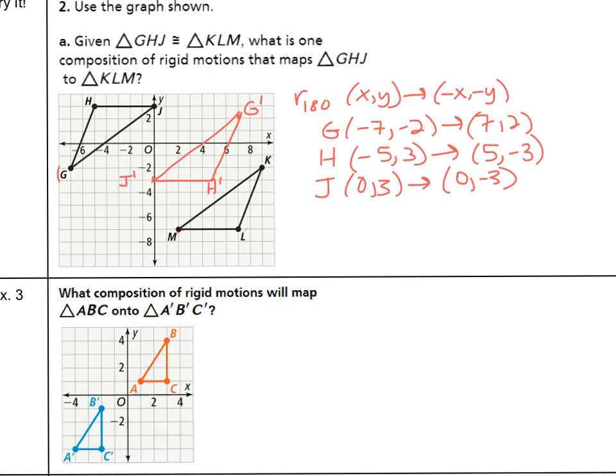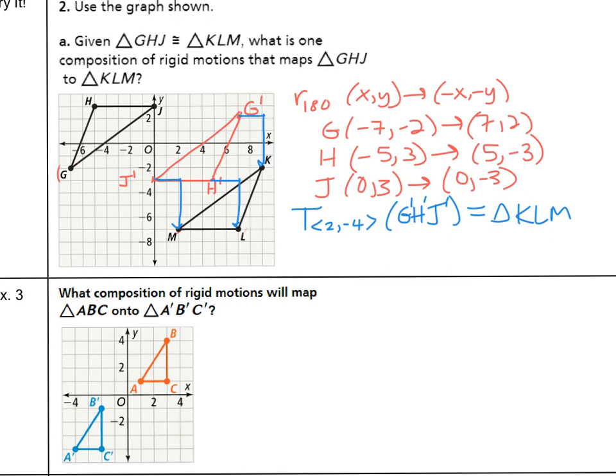Now if we just go 2 to the right and down 4, 2 to the right, down 4. Yep, that works. That would be a translation. If we go 2 to the right and then down 4, that would get us from GHJ prime to triangle KLM.